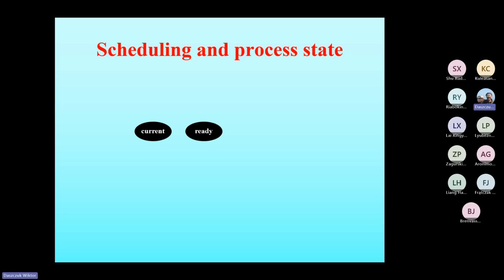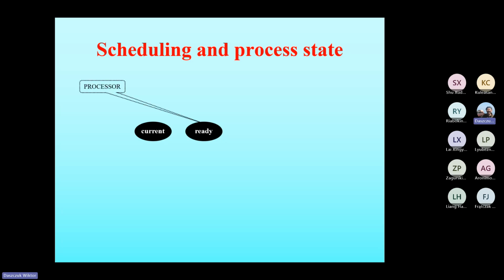We know current and ready are two states related to the processor. So this is a state in which a process has a processor. Here, a process waits for a processor. The resource for which we wait is given in a balloon.